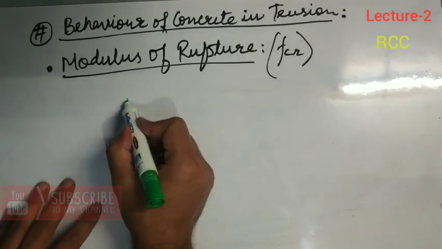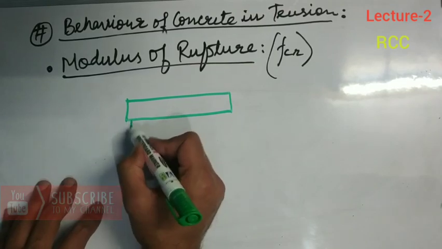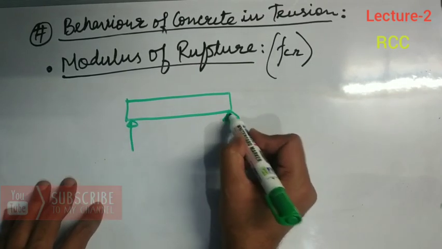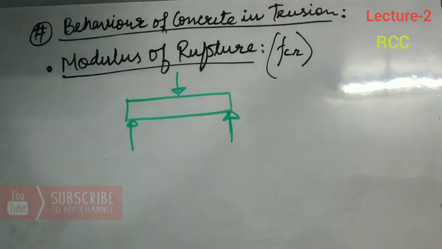We usually cast this beam and it is subjected to 3-point or 4-point bend test. So for a linear stress distribution across the section, the theoretical maximum tensile stress which is developed in the extreme fiber is called as modulus of rupture.